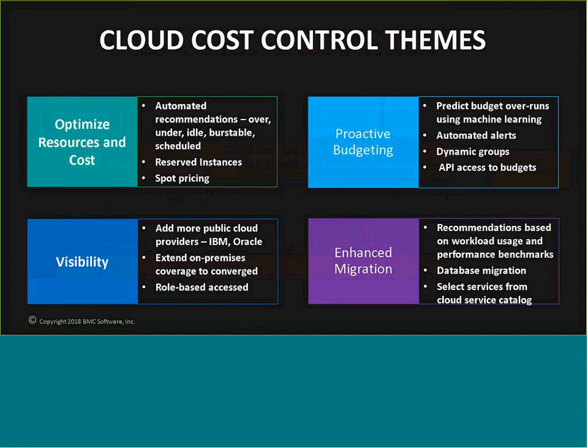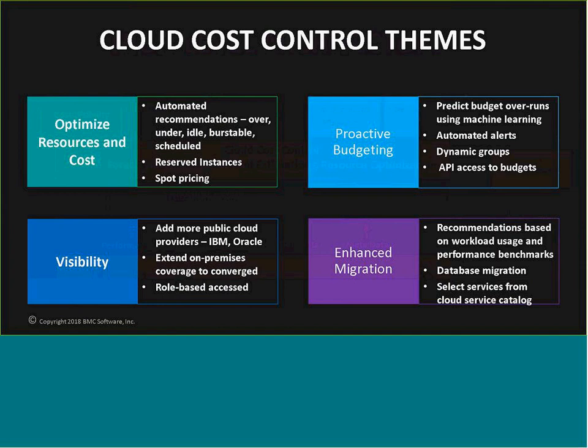Also, management of reserved instances will be enhanced to include flexible RIs, and spot pricing recommendations are also planned to be added. Proactive budgeting will be added, along with current machine learning capabilities used for predicting budget overruns. BMC will simplify this by adding and maintaining operational budgets, providing APIs for importing budget data.